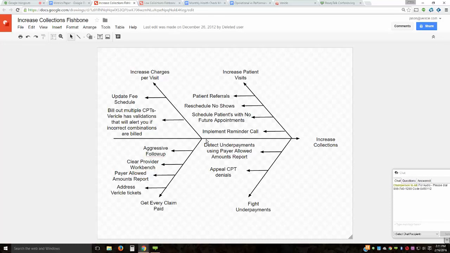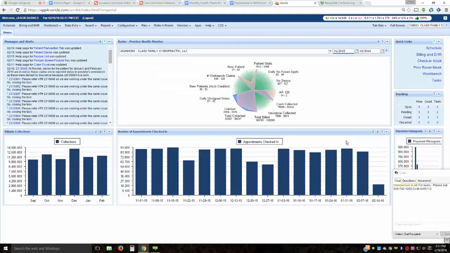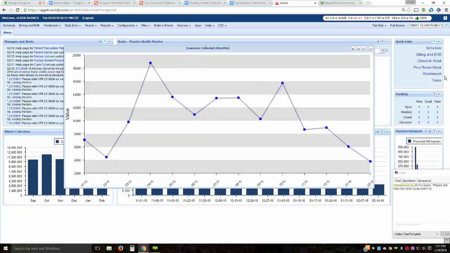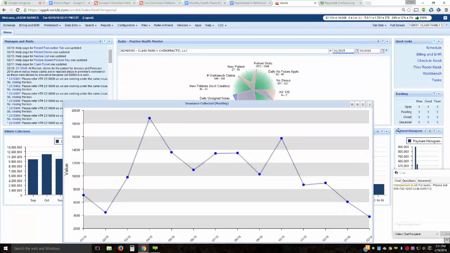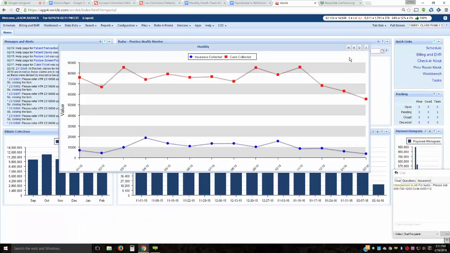Did you at one point, and with this example that we had right here, where we brought up the total billed and the insurance collected and cash collected, if we bring up insurance collected and then we bring it down and select our cash collected, the cash, for this particular practice, far outweighs your insurance collections.